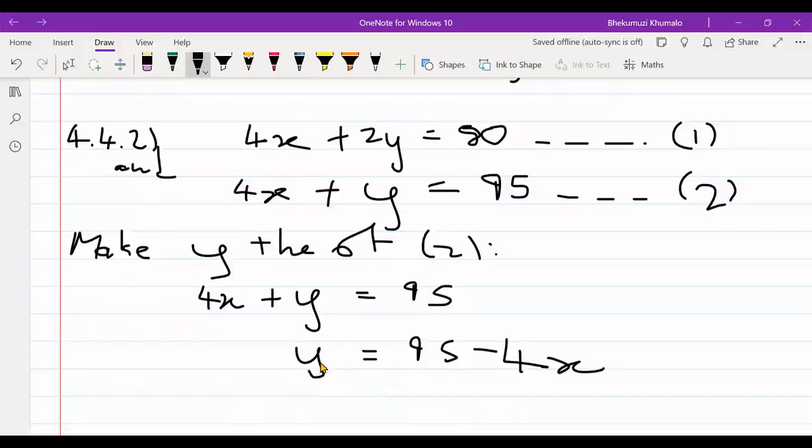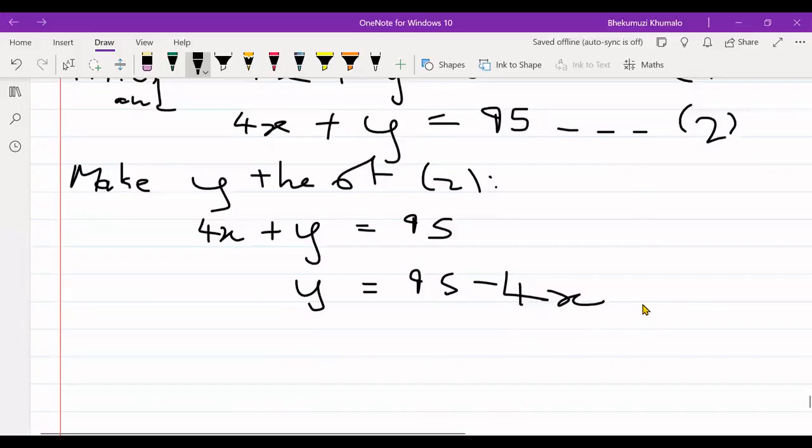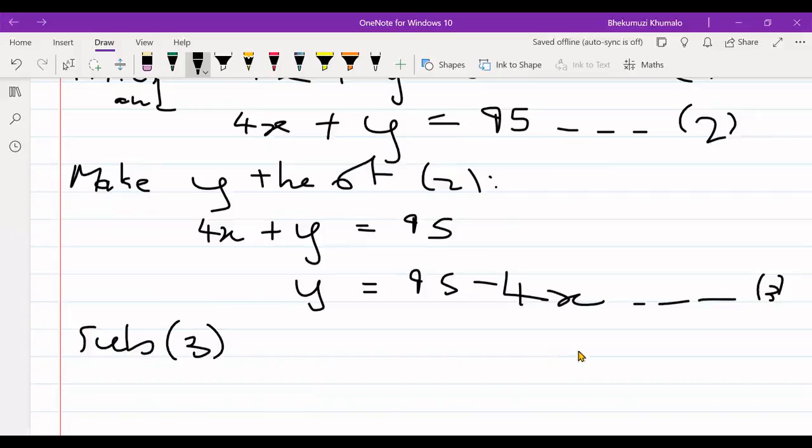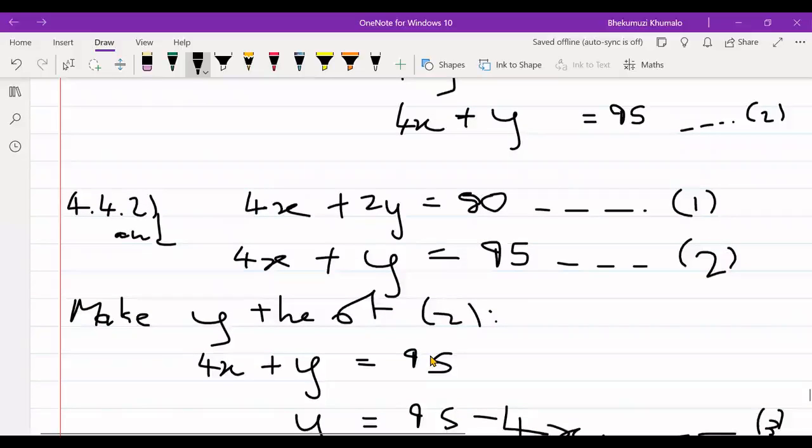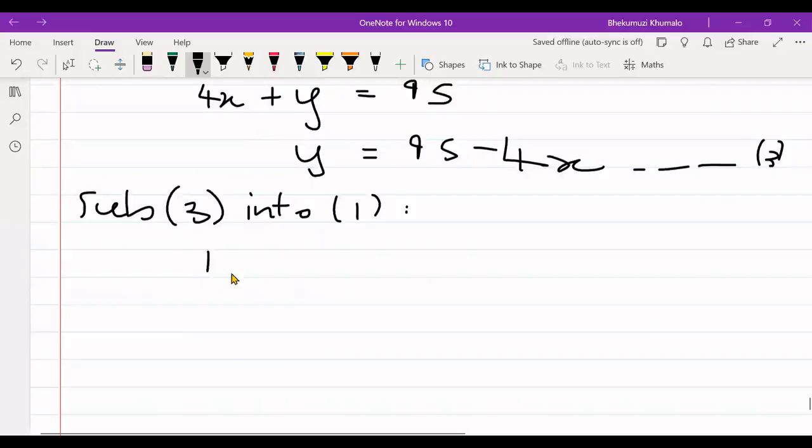And that is your y, okay? And then we've just made the third equation. Now we use the substitution method. So we'd say sub 3. So we're subbing equation 3 into number 1.